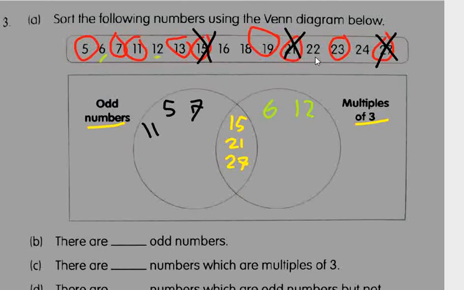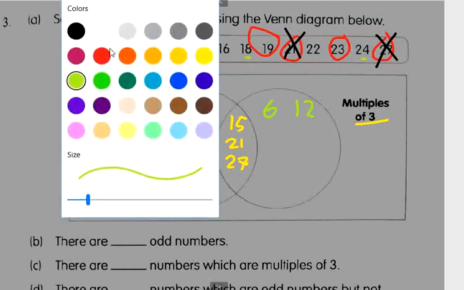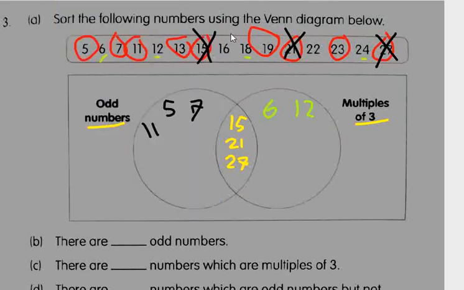No. 24? Yes. So just put it in the second circle. Oh, sorry. This one is not included. Okay. So we have 2 numbers here that don't belong to any group, right?